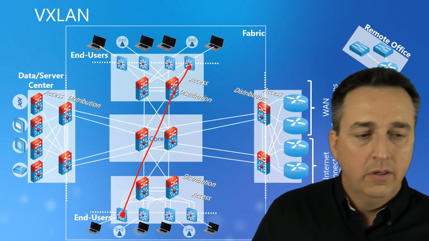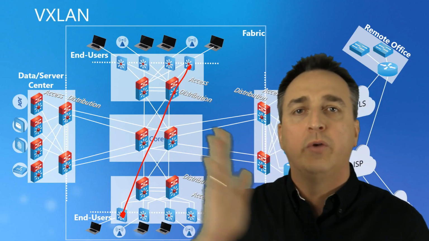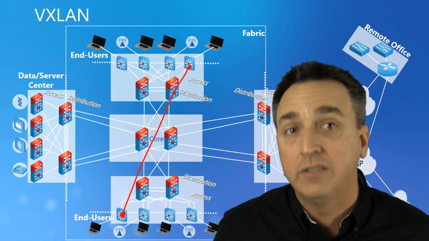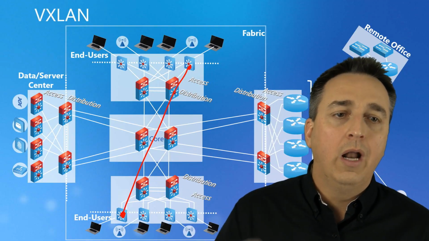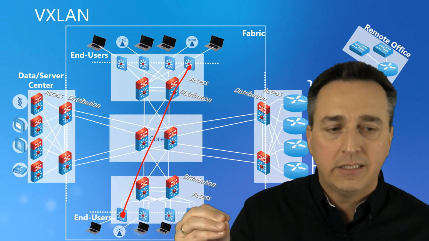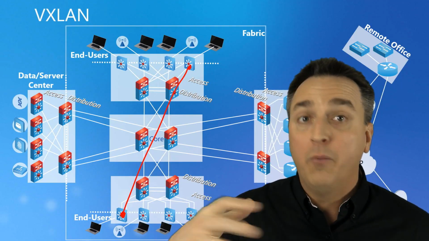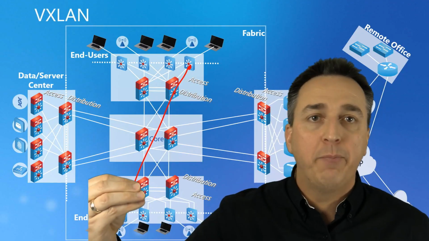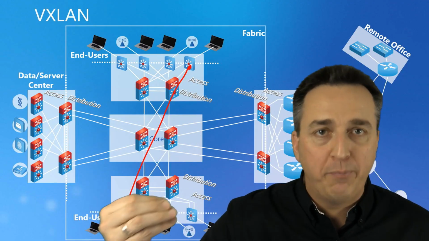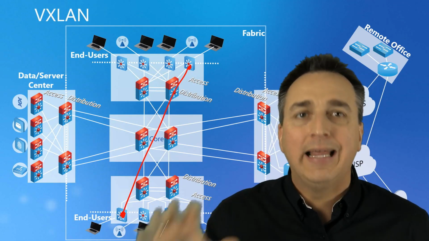Now, pause right there, because what I just said causes confusion with LISP. Because isn't that what we just did with LISP? The answer to that is yes. What I want you to understand is that LISP is both a control plane protocol, and we saw that, learning about who's who, updating the mapping server, using the mapping resolver, figuring out how to go from point A to point B, that is control plane.